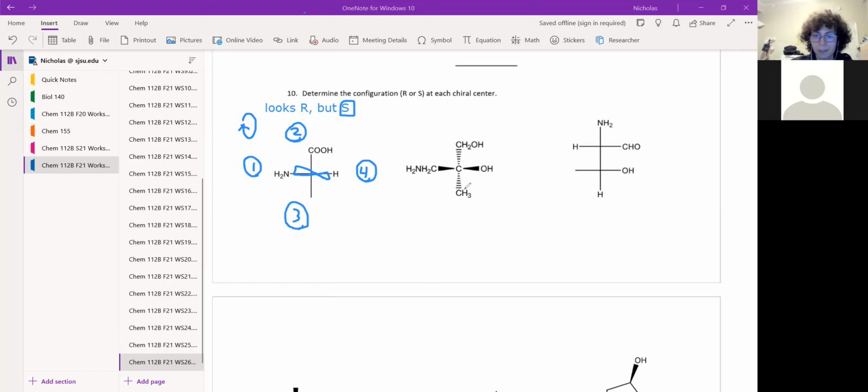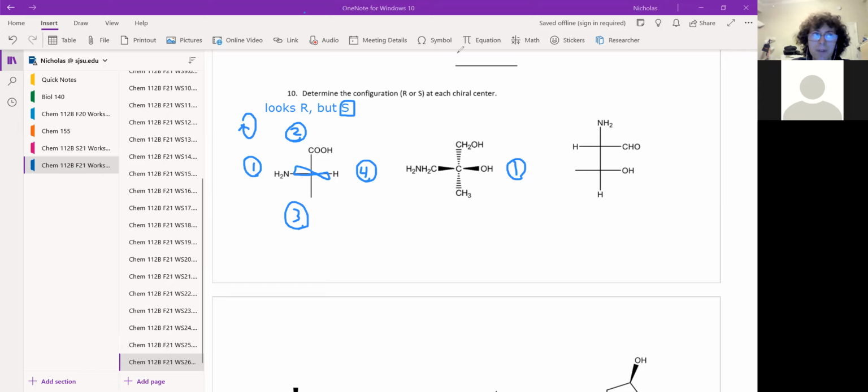How about this next one? Which one is going to be priority one? The alcohol, yeah. And then what's number 2? Are you sure? I know it's written in a weird way, but yeah, the top.